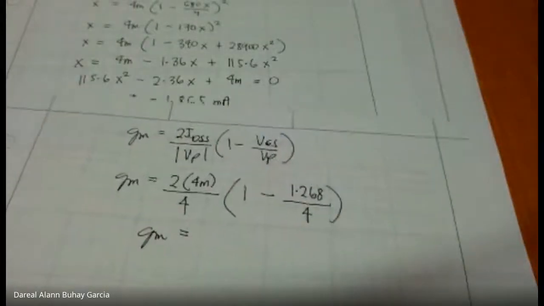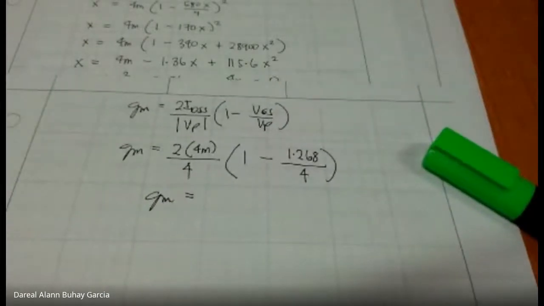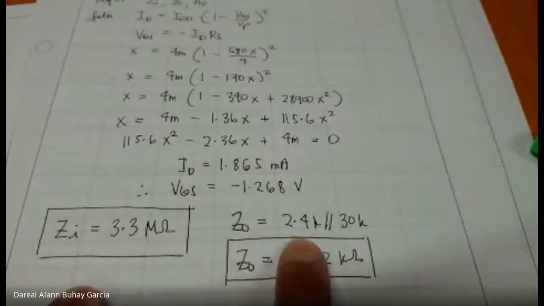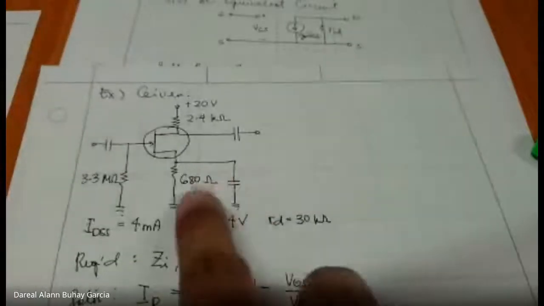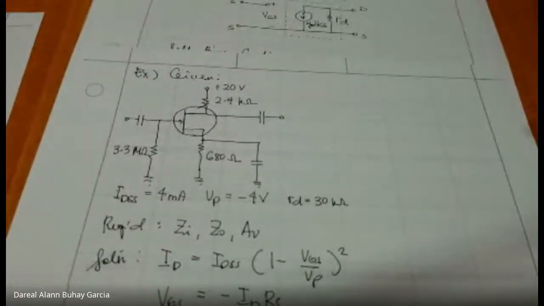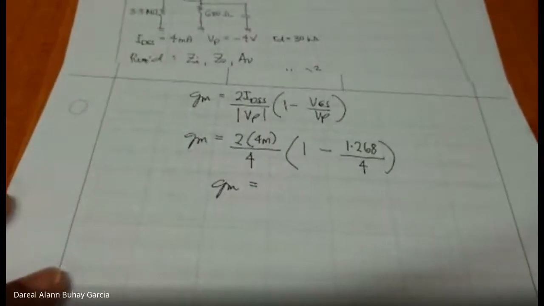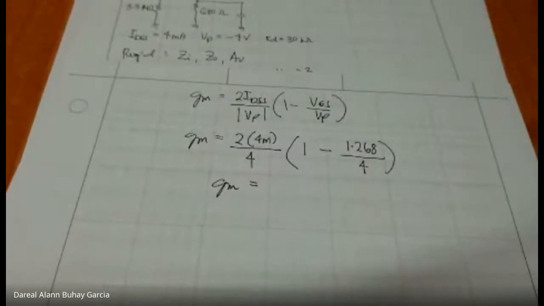So GM is equal to how much? ZO is 2.4 parallel 30K. 1 minus 1.268 over 4.